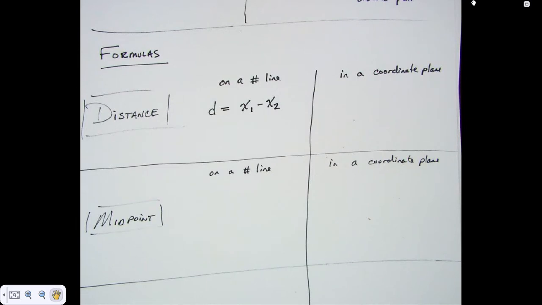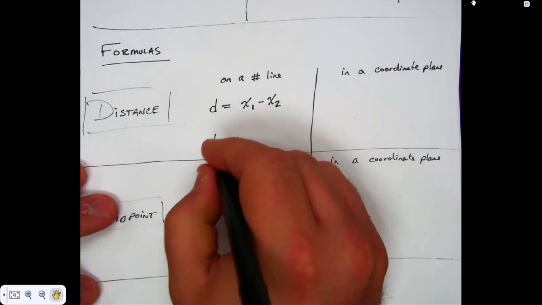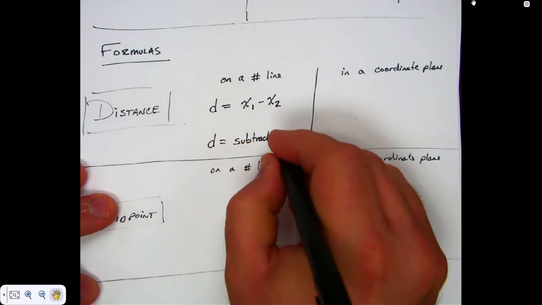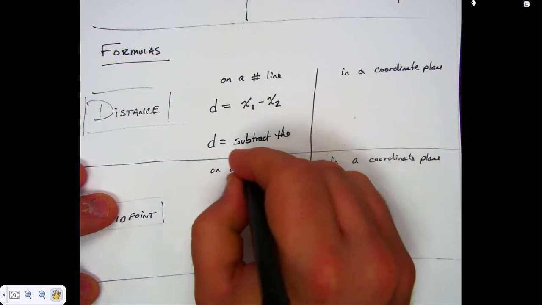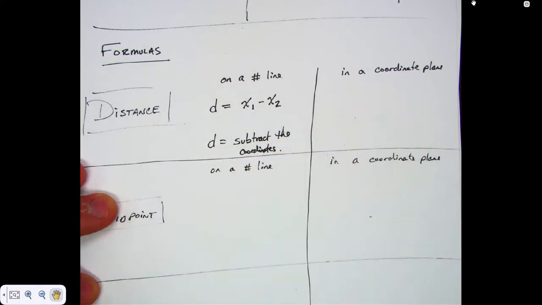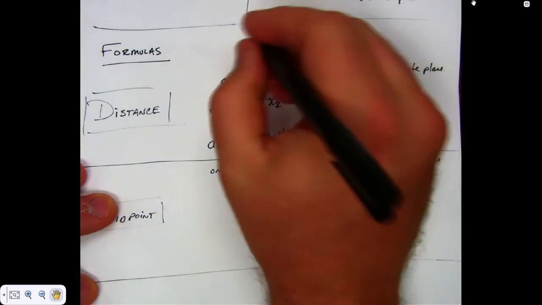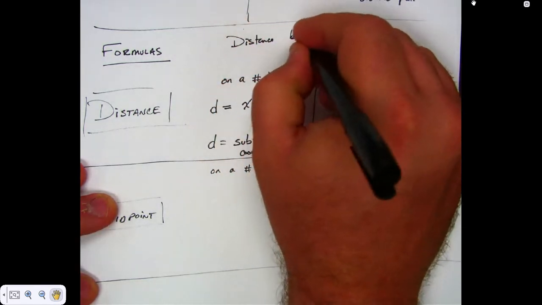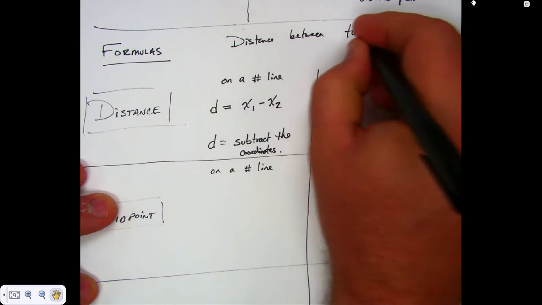I'm not sure if that's what the book says. In layman's terms, this is find the distance between two points.